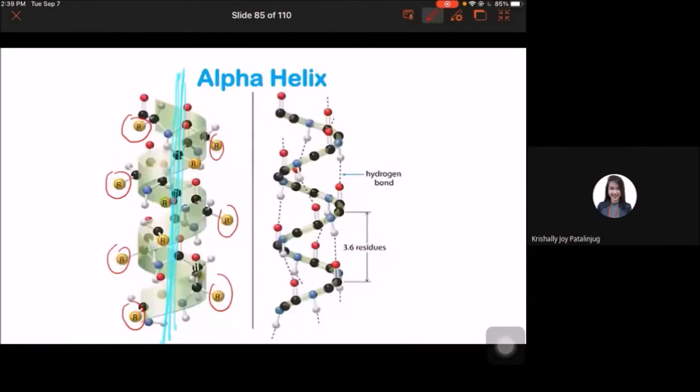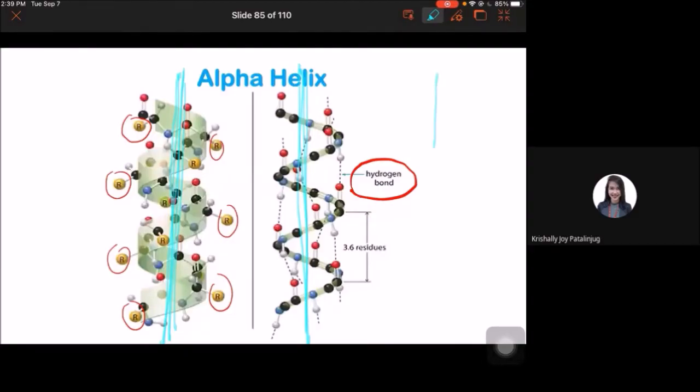And then, what about the hydrogen bonds? Look at the hydrogen bonds. If this is the axis of rotation, they are the same, parallel. Their alignments don't connect, so that is actually parallel.